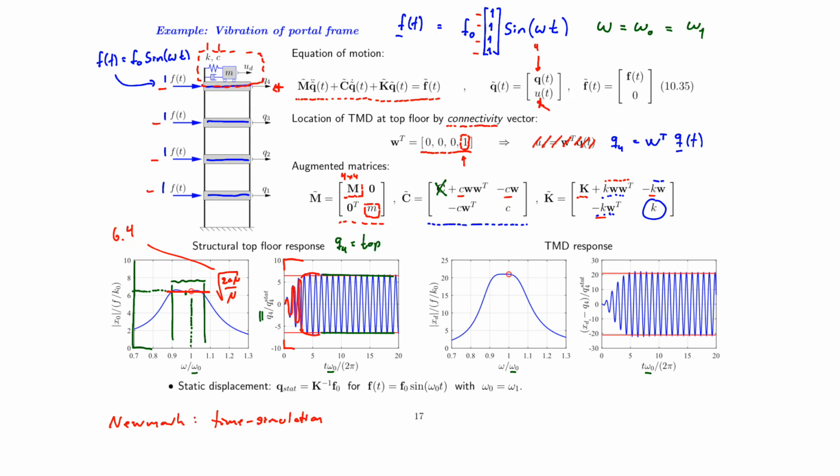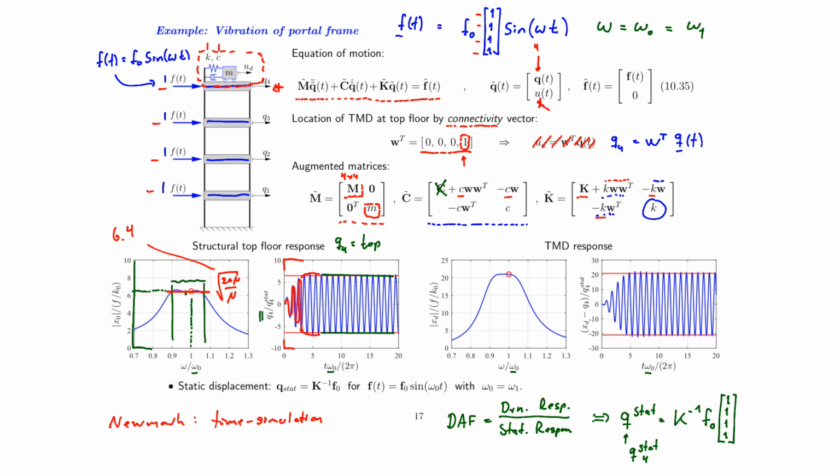And then I realized that dynamic amplification is dynamic response divided by static response. So I calculate my Q static response only by the stiffness matrix multiplied by my F0 amplitude. And from this, I take my Q stat, and then of course the fourth entry, because that's the static deflection at my top floor.